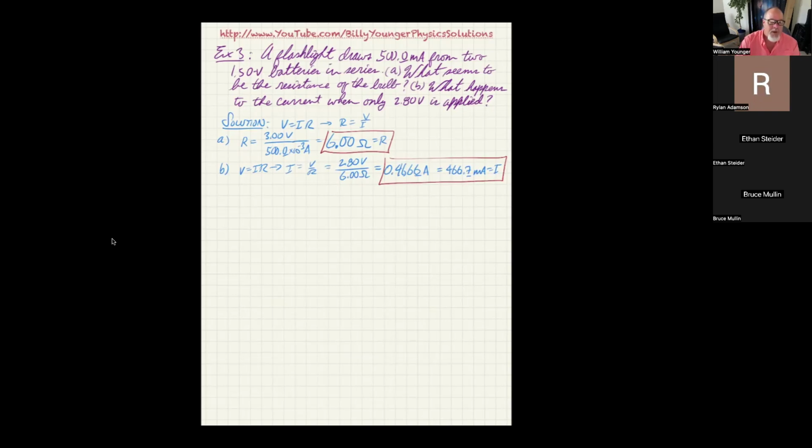So for instance, right here, I'm looking at figure 25.11. Figure 25.11 has a resistor, and this resistor has stripes that are orange, orange, brown, red.